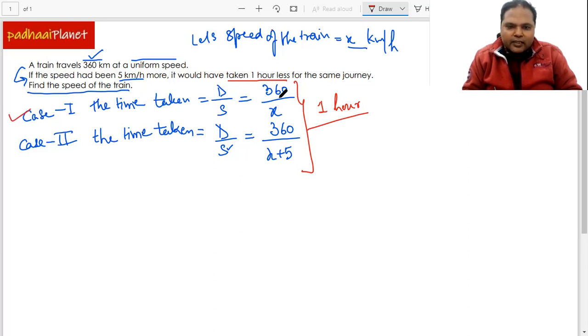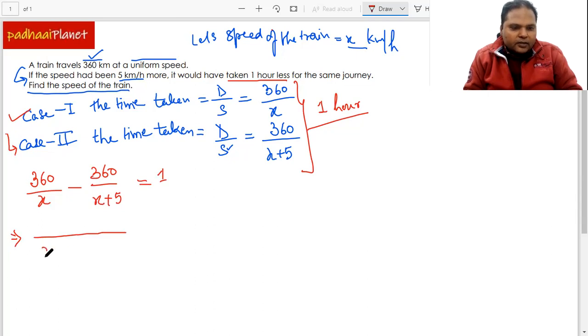So we put first 360 over x, minus the time taken in case 2, that is 360 over x plus 5. This is in case 1, this is in case 2, and the difference of these two times is 1. Now let's start simplifying this equation.